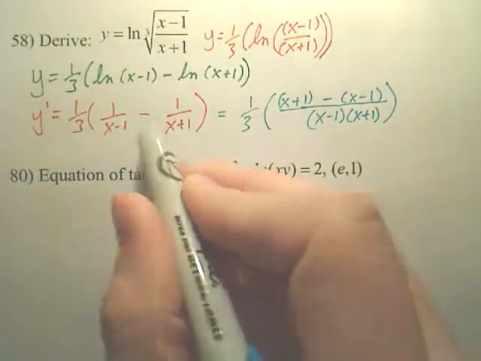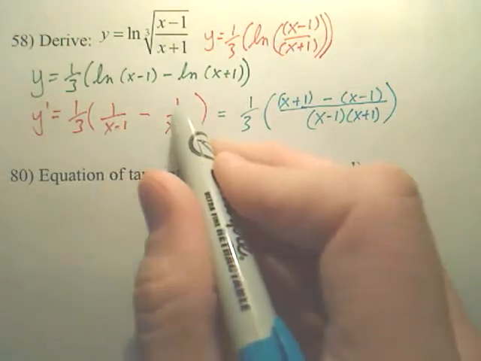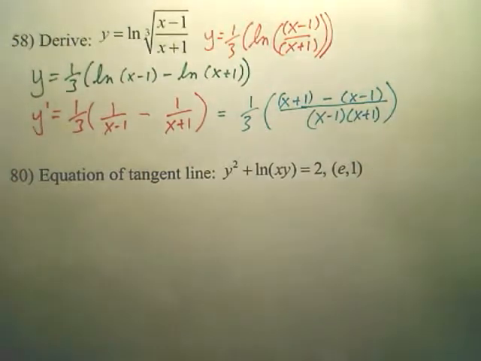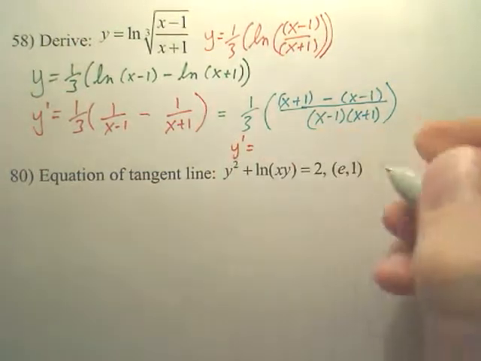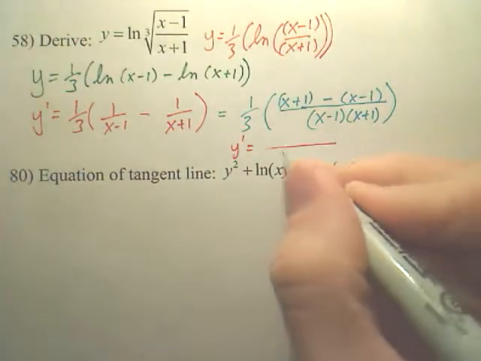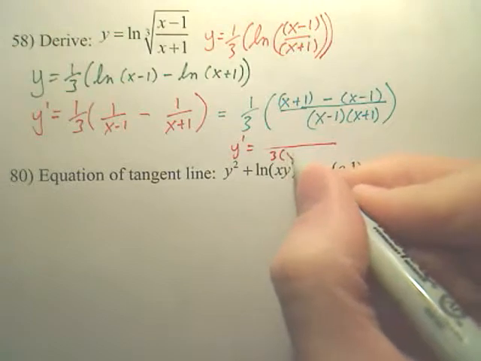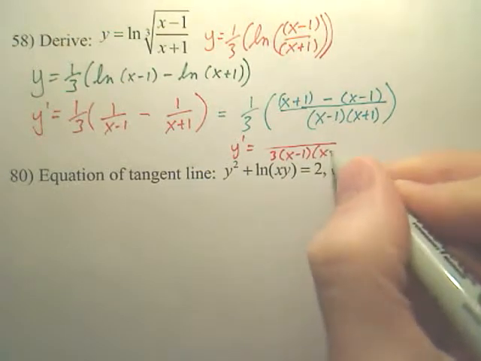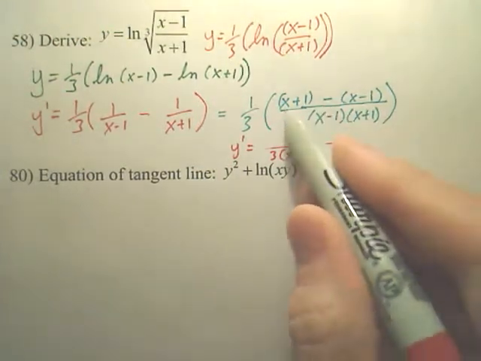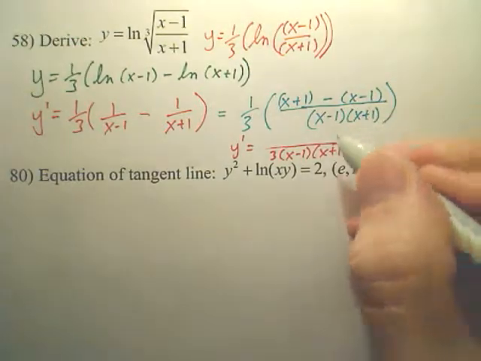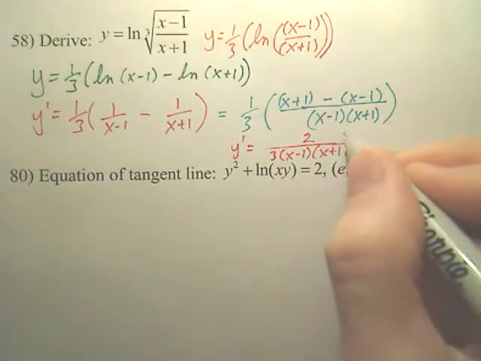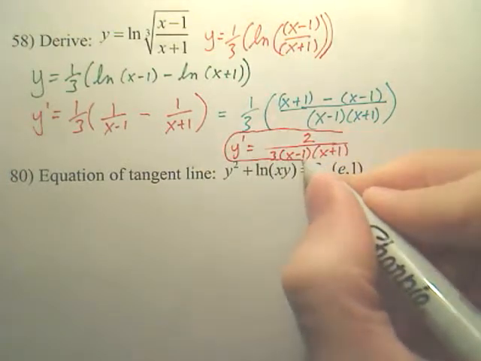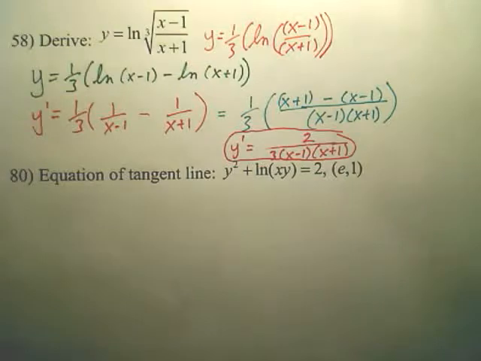Again, I took x plus 1 and multiplied it by the 1 up here, and x minus 1 multiplied it there, and when you do that, your answer for y prime ends up as 2 over 3 times x minus 1 times x plus 1, because the x minus x is gone. Is that a 2? It's like 2 is left over on top. So that's looking like the answer. And you could probably change it even more, but yeah.